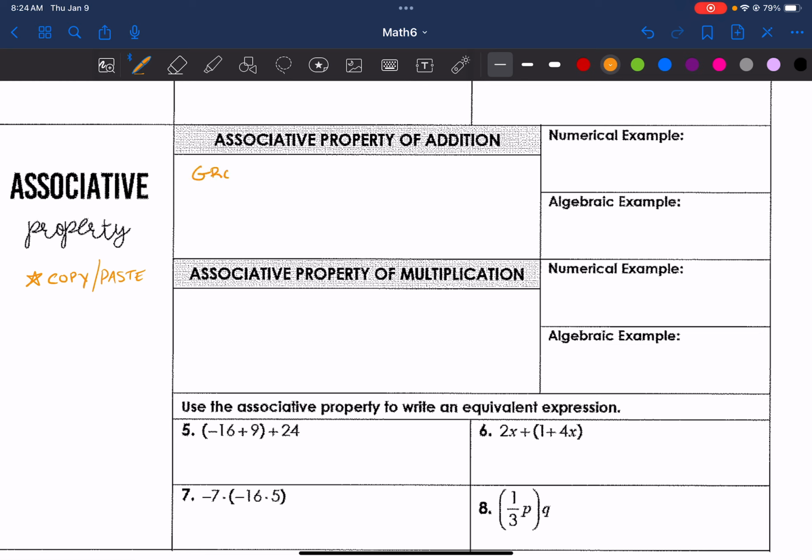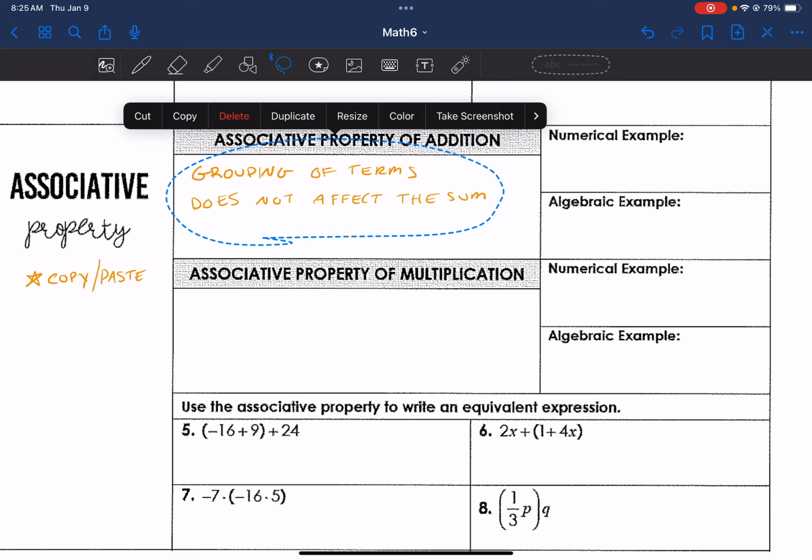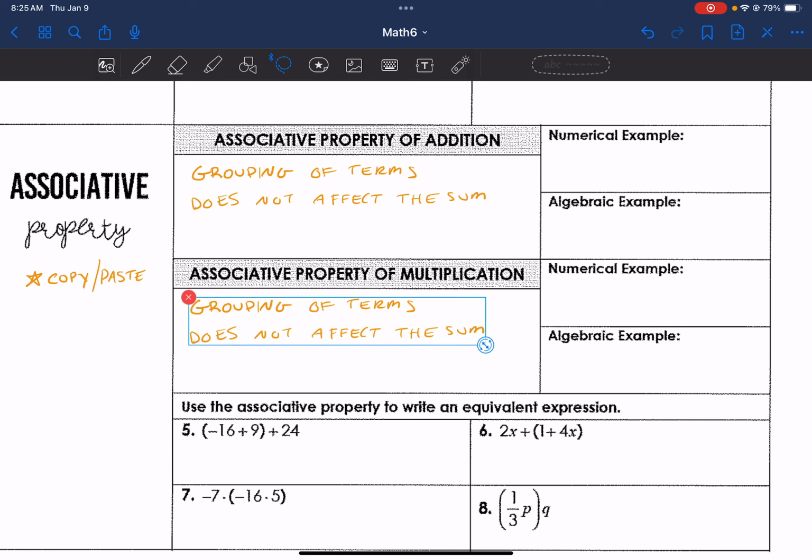So this is when grouping of terms, again, does not affect, and this is for addition, so it should be sum. For multiplication, it's going to be the same thing, but it doesn't affect the product.